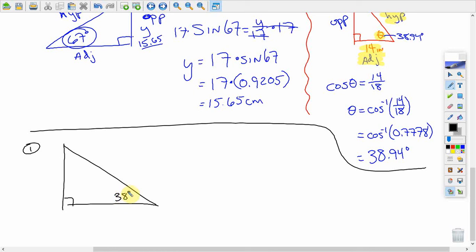We know this side is, let's just call it 6.5 centimeters. So let's have you solve for this side down here. Okay, find x there.